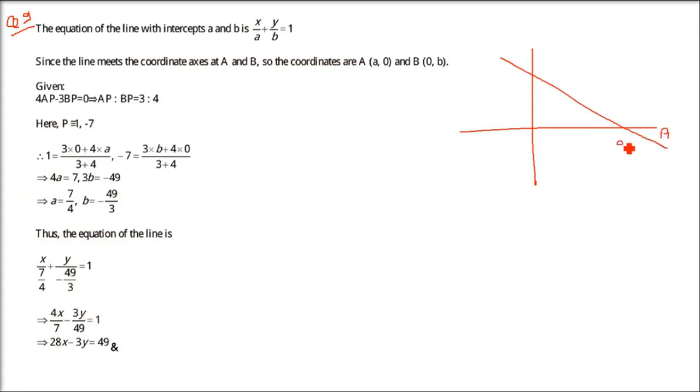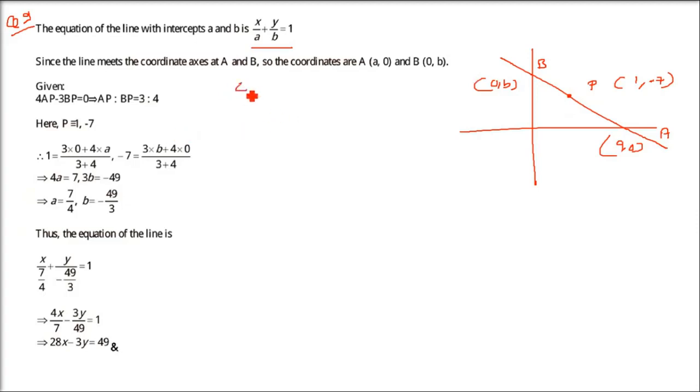So this is point A, it is (a, 0), and x by a plus y by b, we are taking as the equation of the line with intercepts a and b. This point will be (0, b), so this is point B. Now the condition is there is a point P which is (1, -7). (1, -7) will never come here, this is just for understanding.